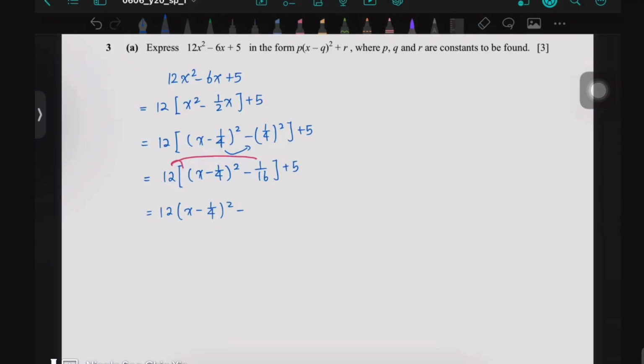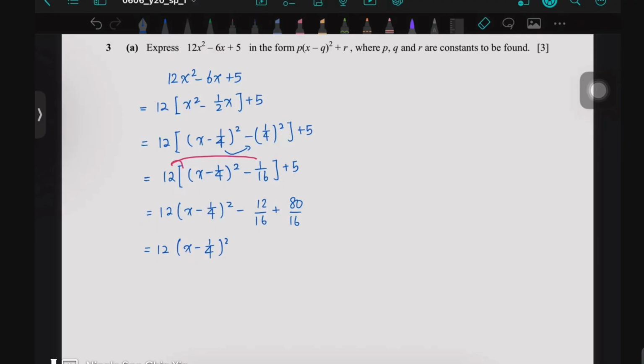Okay, maybe I put back 12 lah. 12 over 16 plus 80 over 16. So 12 bracket x minus 1 over 4 square, okay, I get 68 over 16.